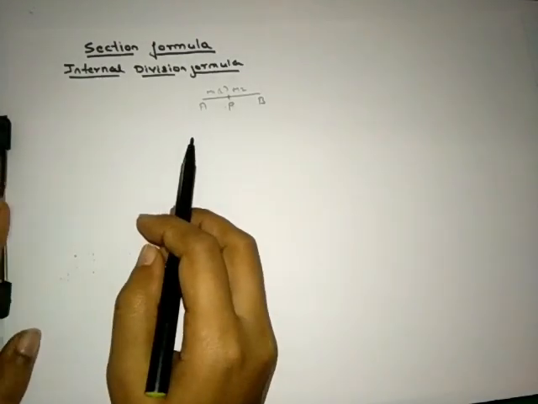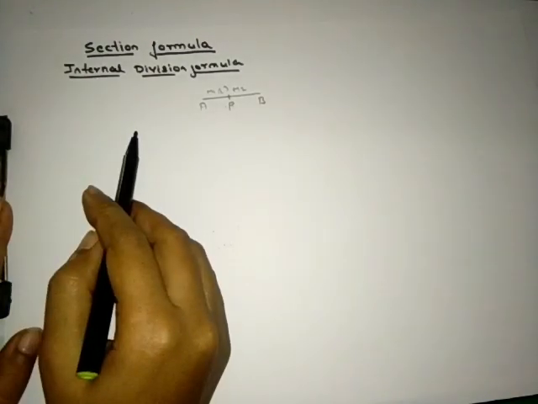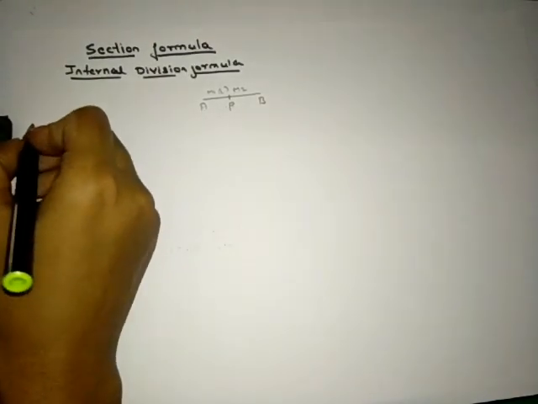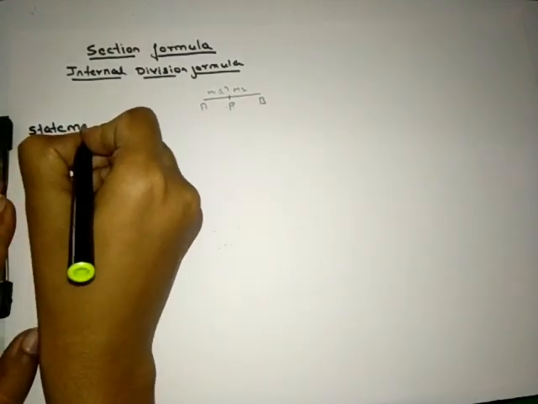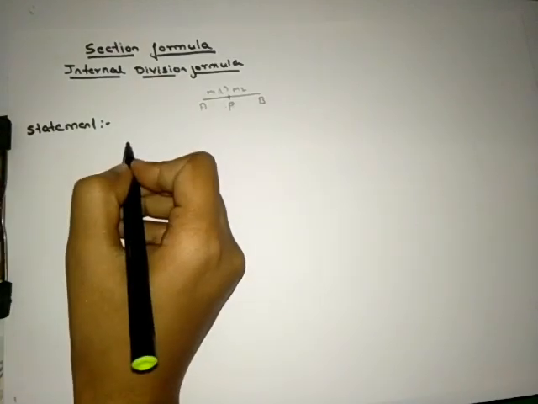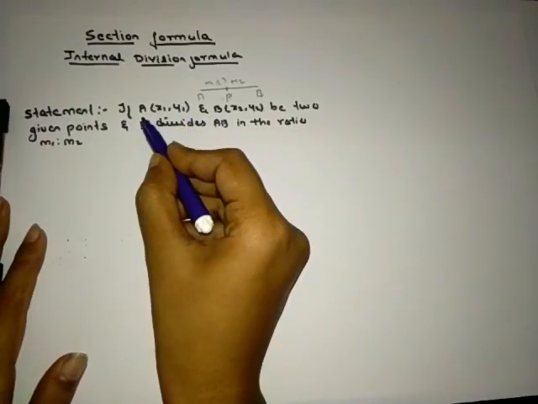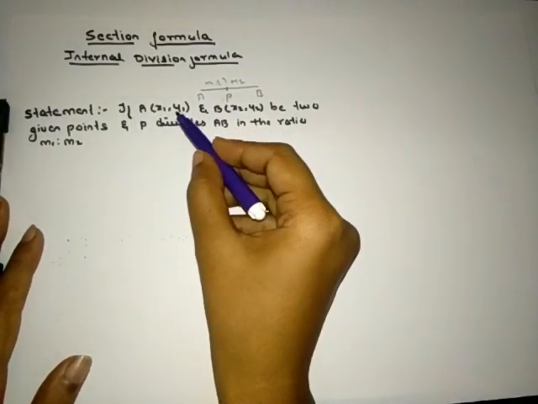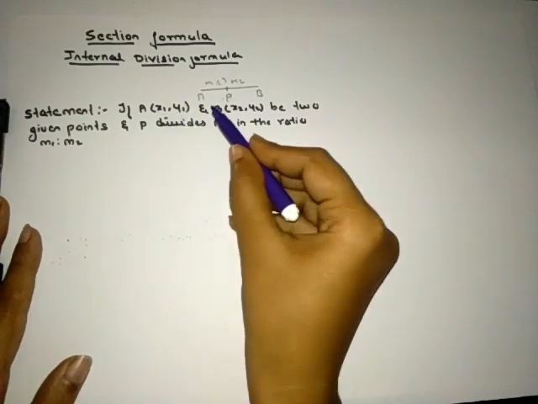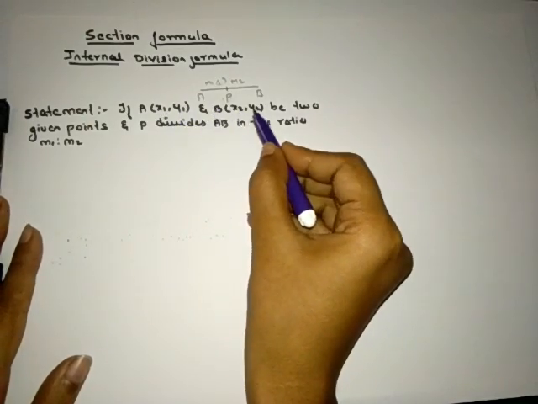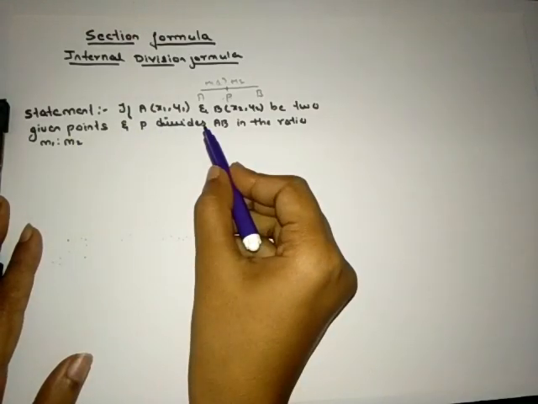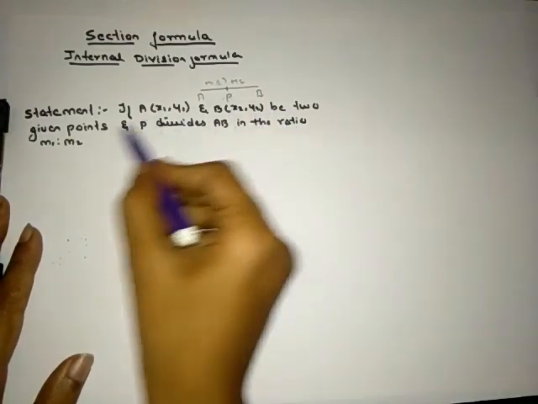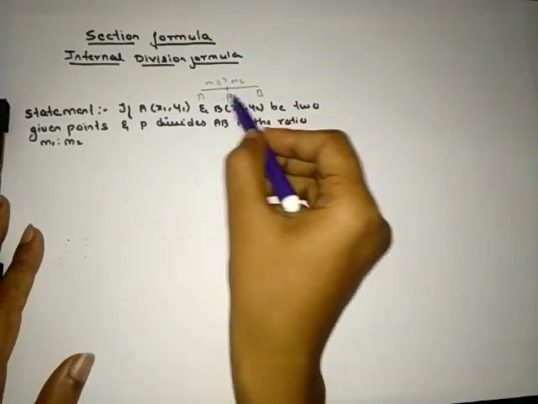Now what I have explained, we are writing in statement form. Here you can see that A has the coordinates x1, y1 and B has the coordinates x2, y2, the two points, and P divides AB in the ratio m1 is to m2, isn't it?